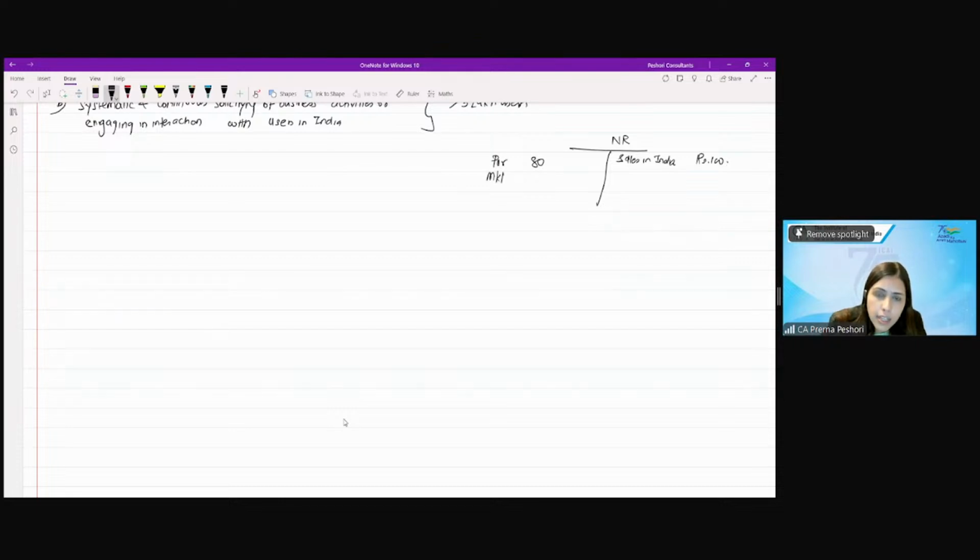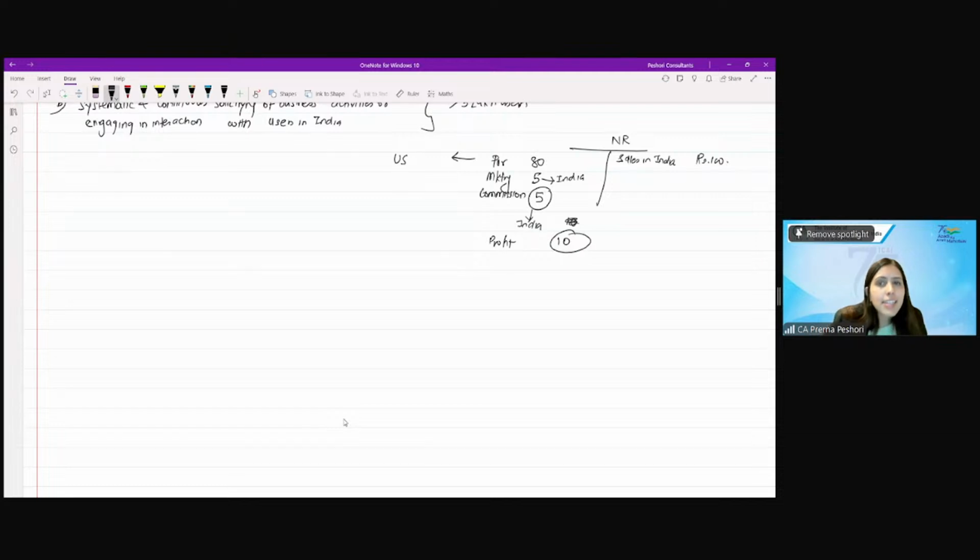Let's say marketing activity of rupees 5. Let's say I have given commission of another rupees 5. Let's say this 5 I have paid in India. This marketing I have done in India. But this purchase is, let's say, done from US. So my profit was only rupees 10.